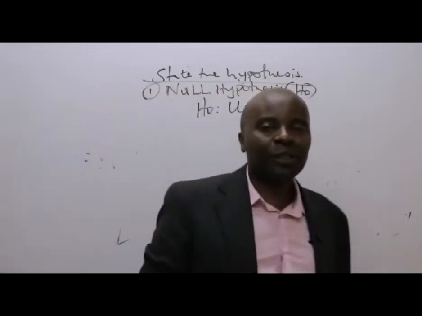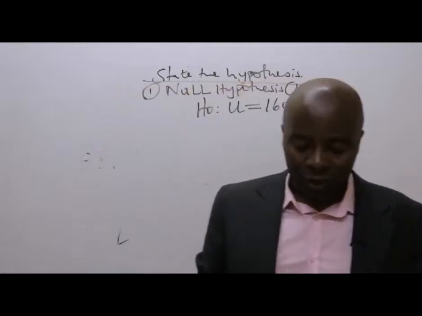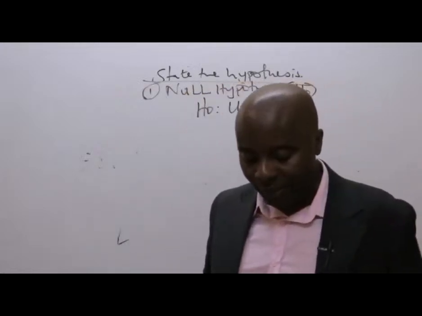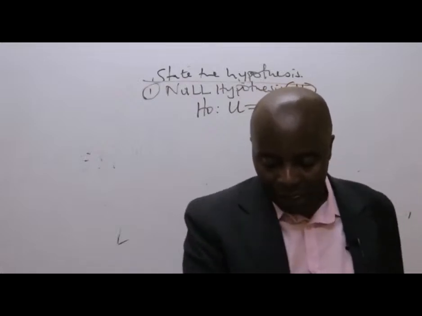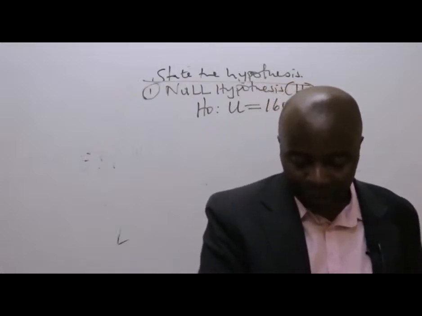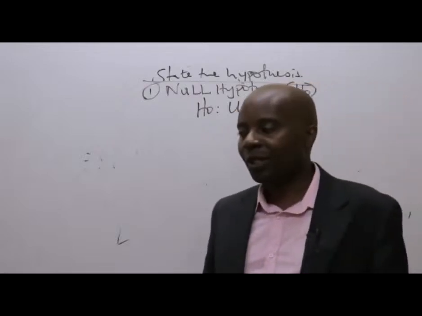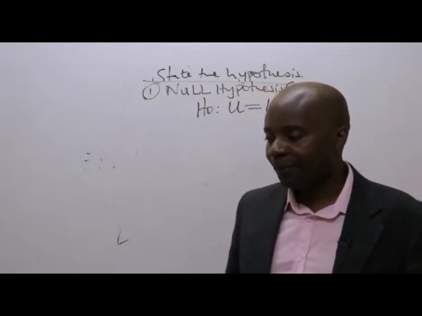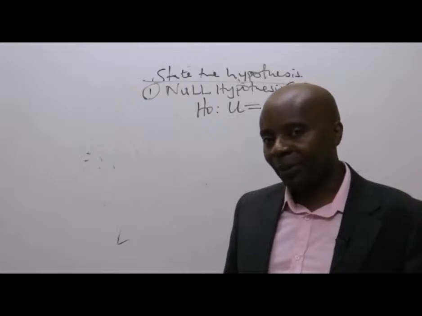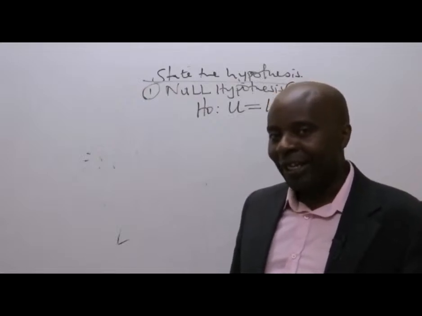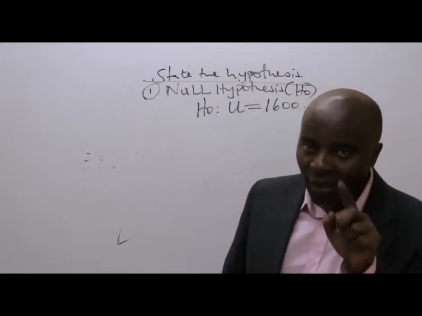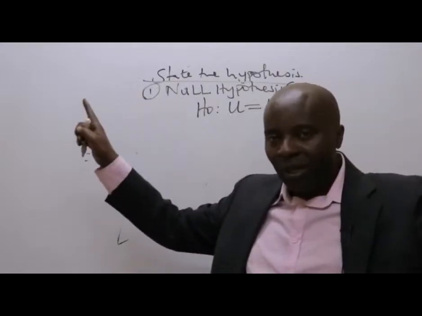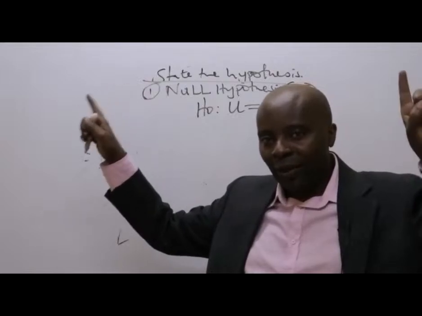The null hypothesis is because they want us to test the claim that the mean lifetime of the tubes produced by the company is 1600. Remember, they want us to test the claim that when we put up that bulb, it's going to stay there for 1600 hours.